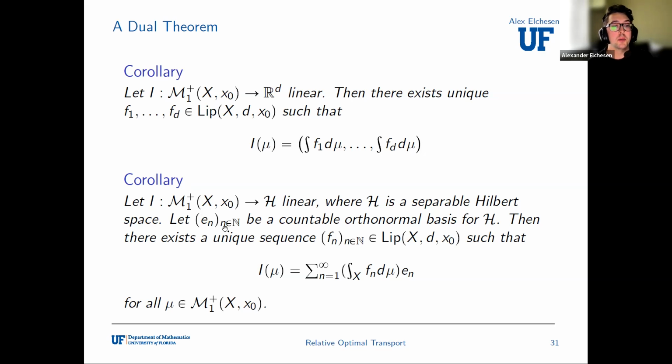So if we want to map persistence diagrams into, say, a Hilbert space, this theorem is saying it suffices to pick a collection of Lipschitz functions, some sequence of Lipschitz functions, then any linear map from the space of diagrams, or the space of measures more generally, is given by integration against these Lipschitz functions. So in other words, in order to find interesting linearizations, we might try to seek out nice classes of Lipschitz functions which define these linear maps.